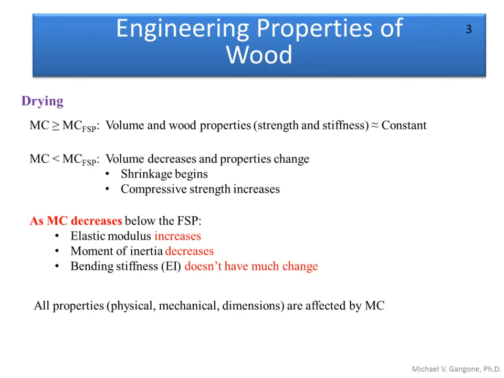Fiber saturation point we defined previously as the point where the cell cavities are empty and the cell walls are completely saturated with water. So as the moisture content reduces below the fiber saturation point, some of that water leaves the cell walls, and as it leaves the cell walls, it's going to start to shrink the wood. Okay, so that's what's happening there.